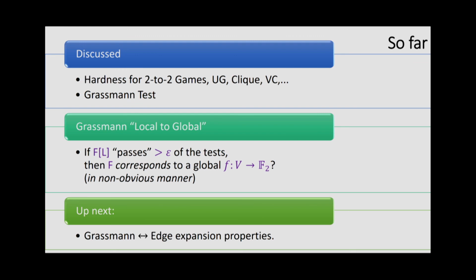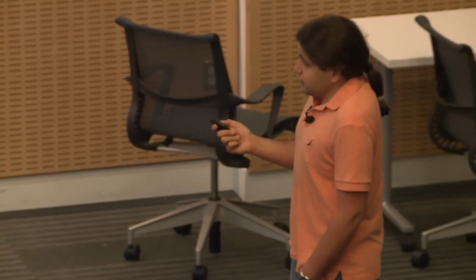Next up, I'll try to tell you that studying properties of this test really corresponds to studying edge expansion properties of the graph, which is a much simpler notion because it's only combinatorial. You don't care about any assignments, any test. You only care about vertices and edges. So let's see this relation. But before that, let me pause for questions if there are any.